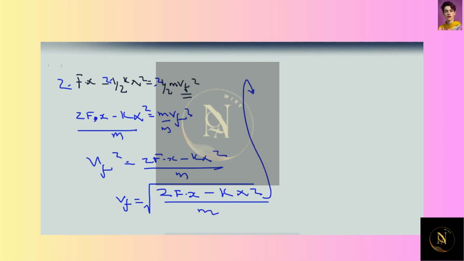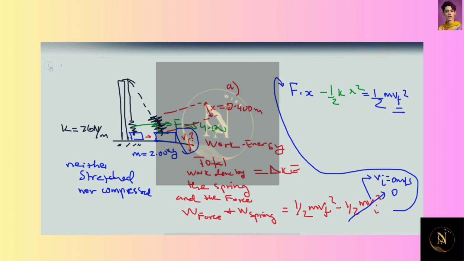Next thing is to plug in the numbers related to that. So we have v final equals the square root of 2 times, if you go back, you see that the force happens to be given as 54 newtons. So F equals 54 newtons. That's the force that's pushing it.